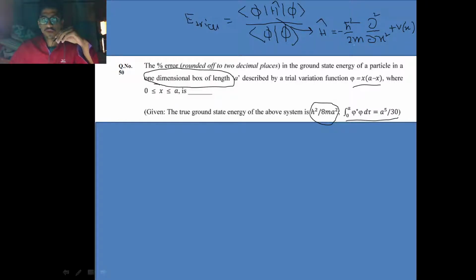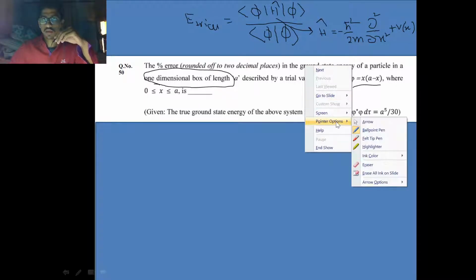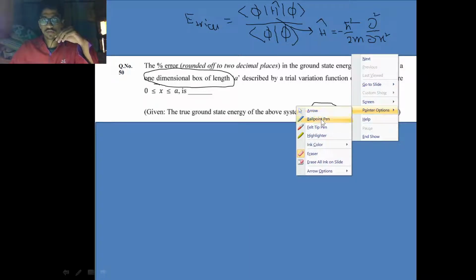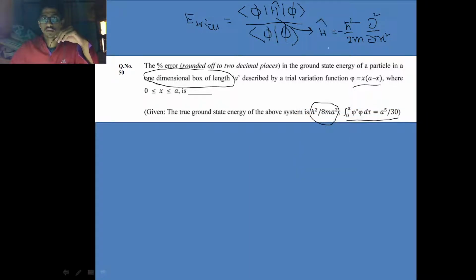Here we are talking about a particle in a box, where the particle always moves, so the potential energy is going to be 0. So easily we can eliminate the potential energy part. Now in this problem we are only considering the kinetic energy.